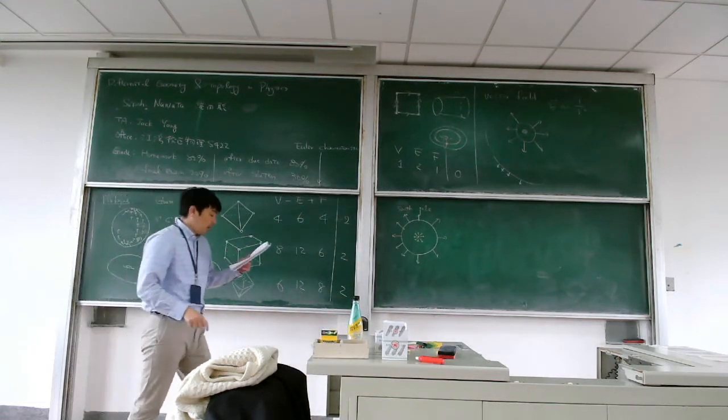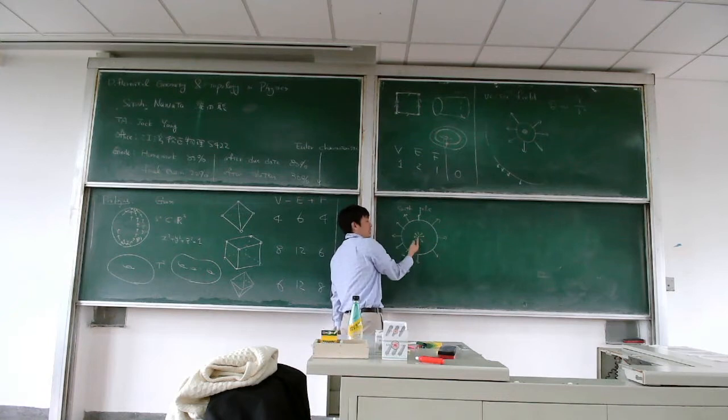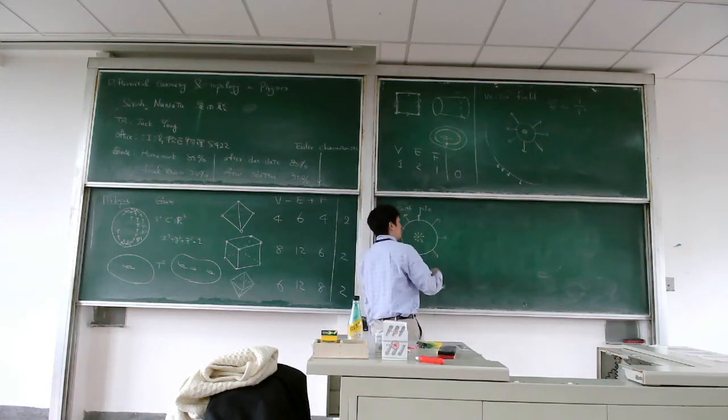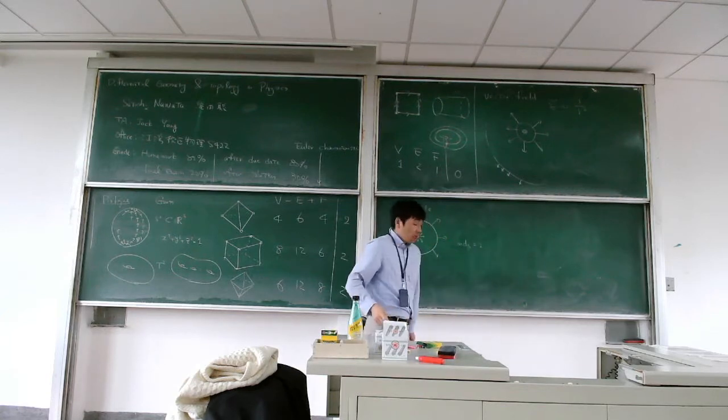As you go around the South Pole by 2 pi, 360 degrees, the vector field itself rotates 360 degrees. So how many times it rounds is what you count, by its pole. This is the index of the South Pole. The index of the South Pole is equal to 1.